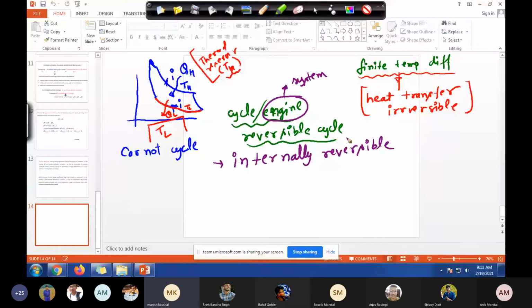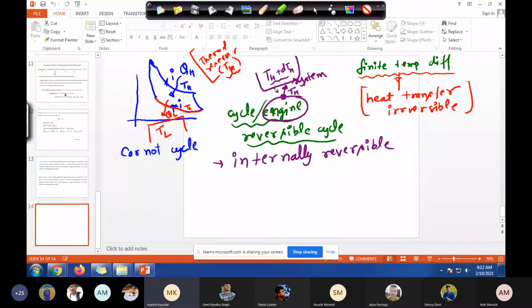Now let's talk about what is coming from outside. We have a thermal reservoir, and as Bhavna said, that thermal reservoir is almost at the same temperature as the system. So let's say this engine is the system, and this is the location where heat is coming in, and temperature here is, let's say, TH. It is in contact with a thermal reservoir whose temperature is practically equal to TH, or you can say TH plus some dTH.